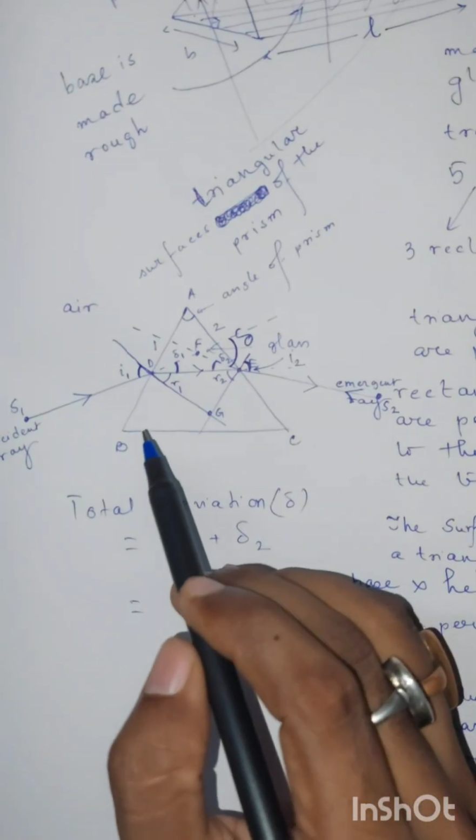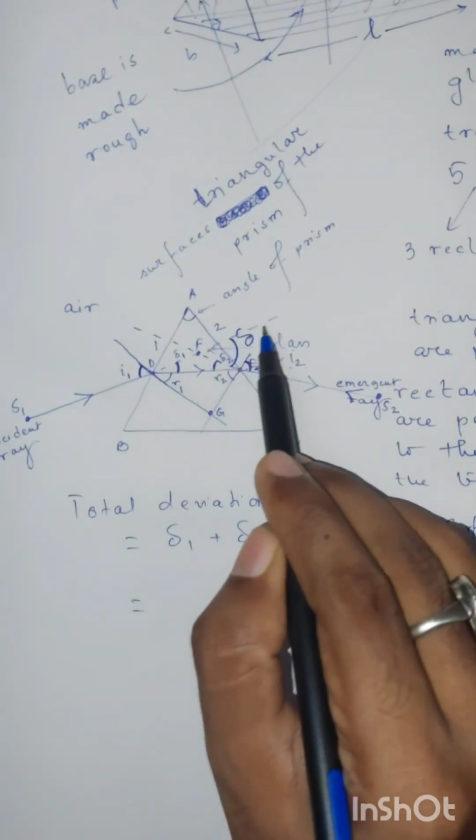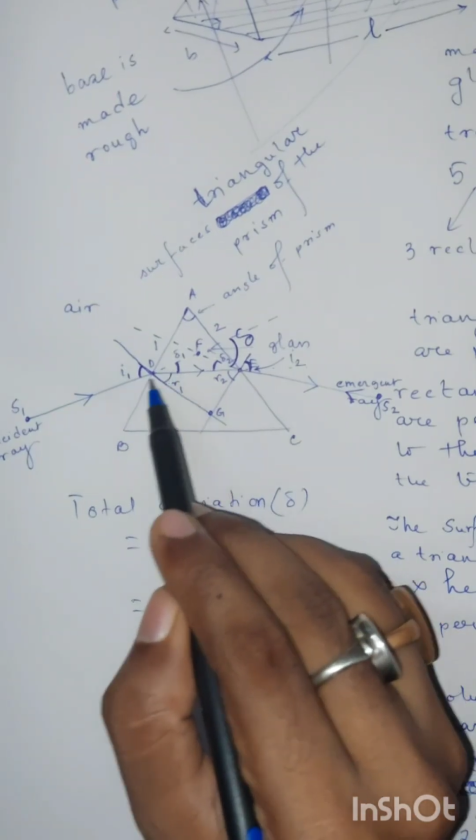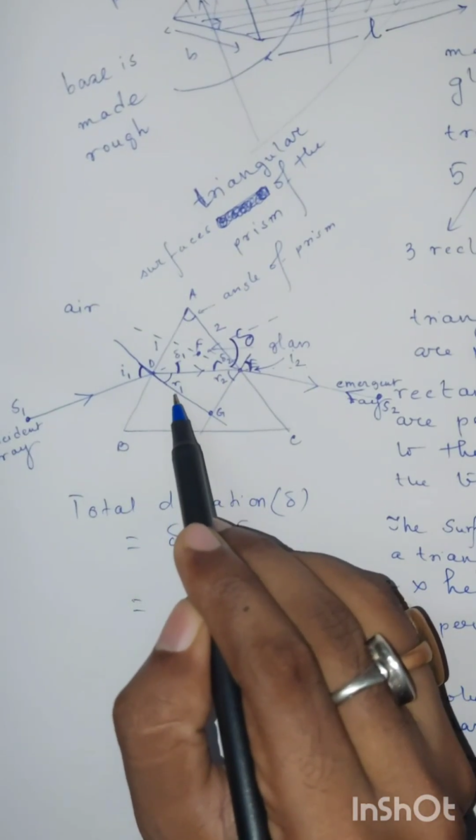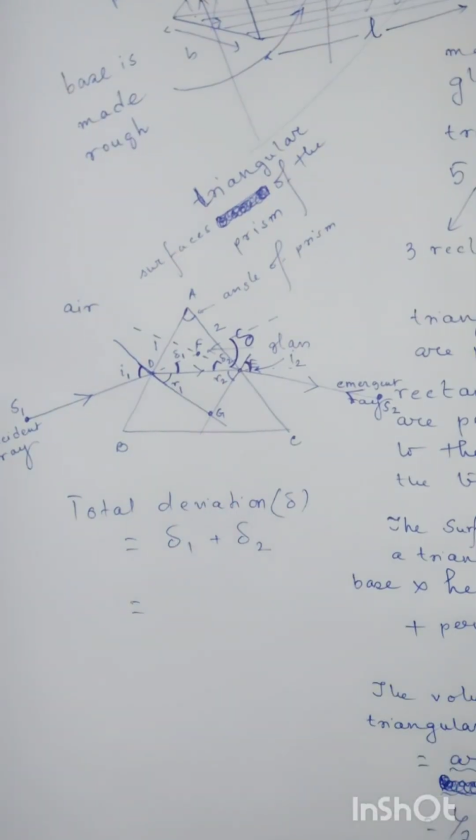So I1 and the total angle, that means R1 plus delta 1, these are vertically opposite angles.